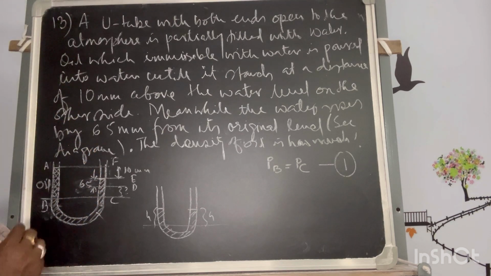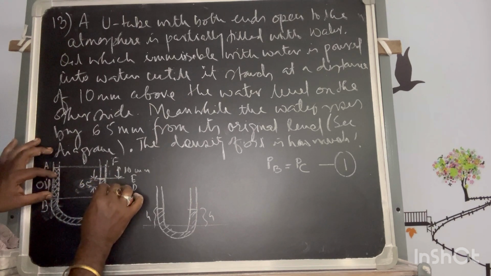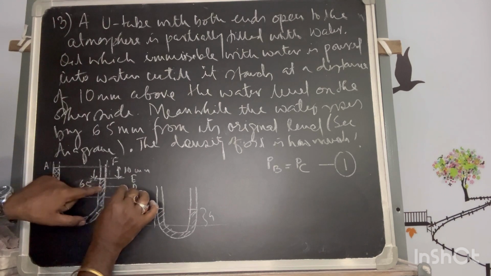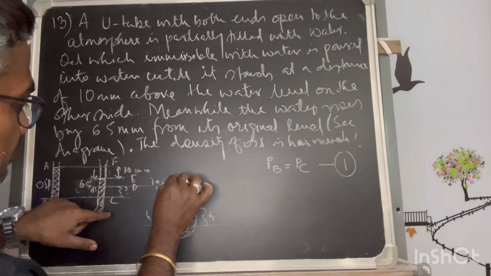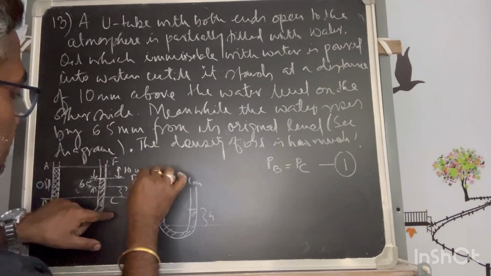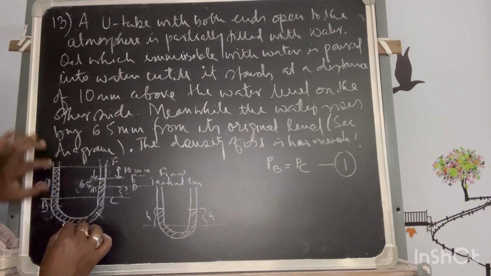So to raise the water by 65 height, if I remove this oil, this part will come to its own level. This is the initial state, initial level, and this is the final level. Where will this water stop if I remove this oil?